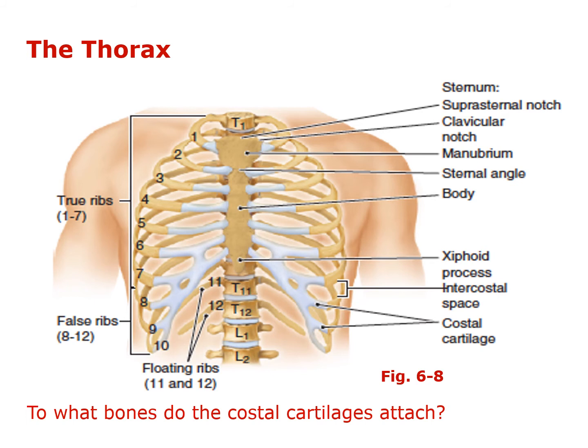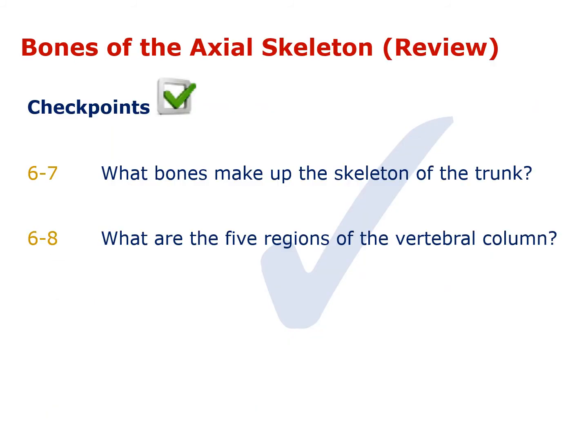So, to what bones do the costal cartilages attach? Costal means rib. So when we're talking about costal cartilage, it's from the ribs to the sternum here. What bones make up the skeleton of the trunk?